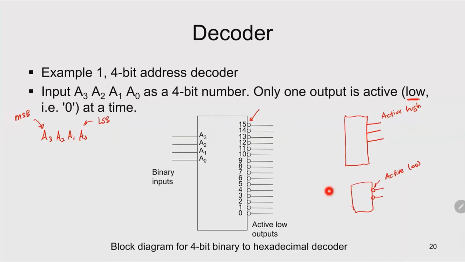Okay, so in this example, the decoder is an active low output, meaning that when a certain binary number is at the input, you activate a particular line of the output, and when that line is activated, it will go to 0. If it's not activated, it stays at 1.